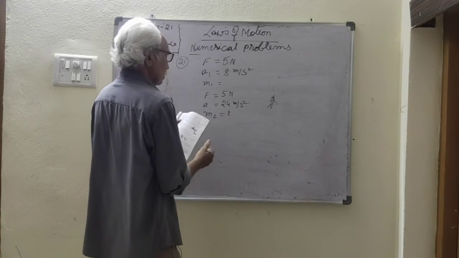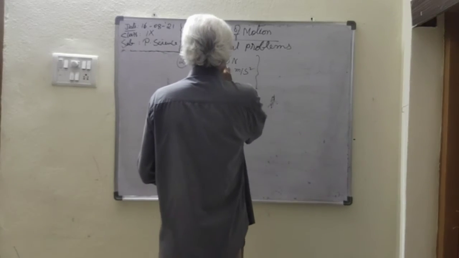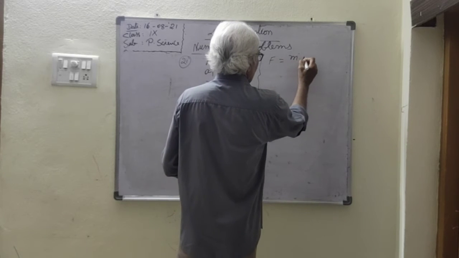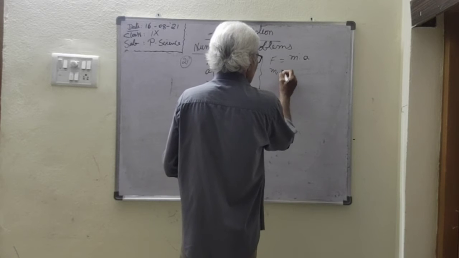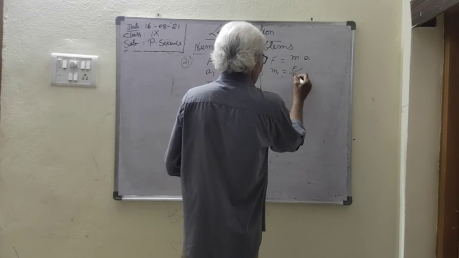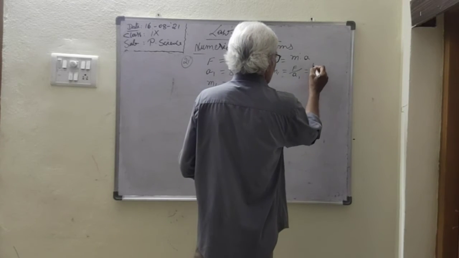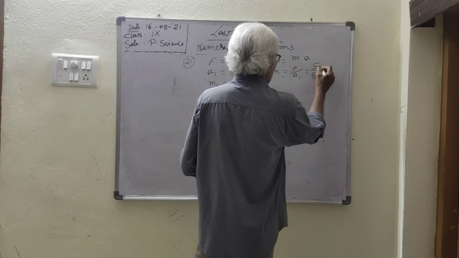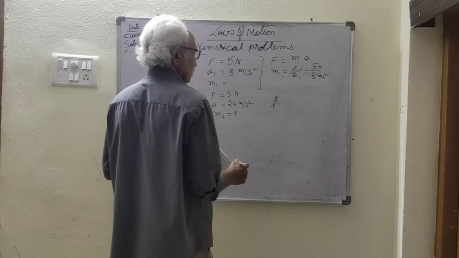So for the first case, force F is equal to M into A. According to this equation, m1 is equal to F by A1. So that is equal to 5 by 8, 5 Newton by 8 meters per second squared.